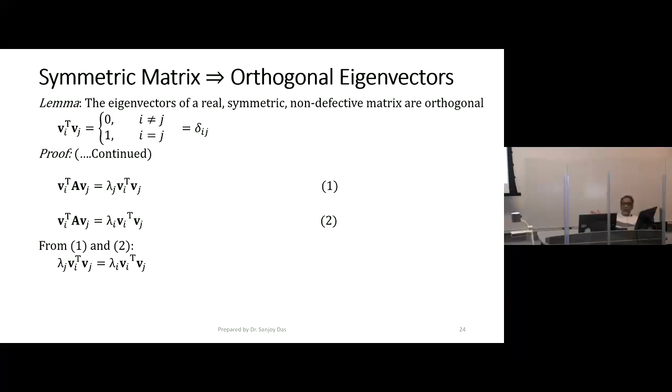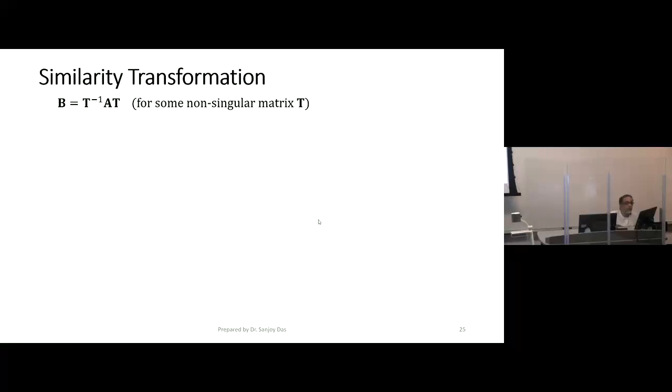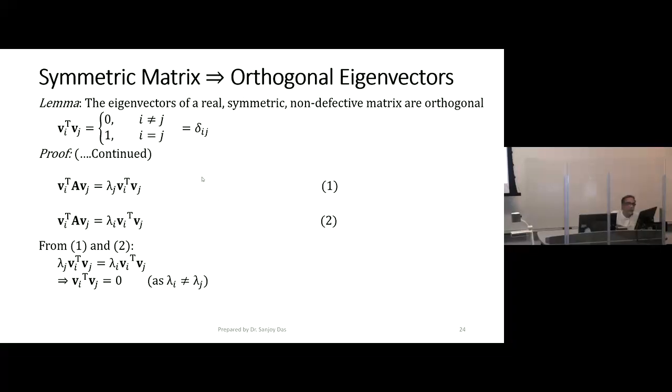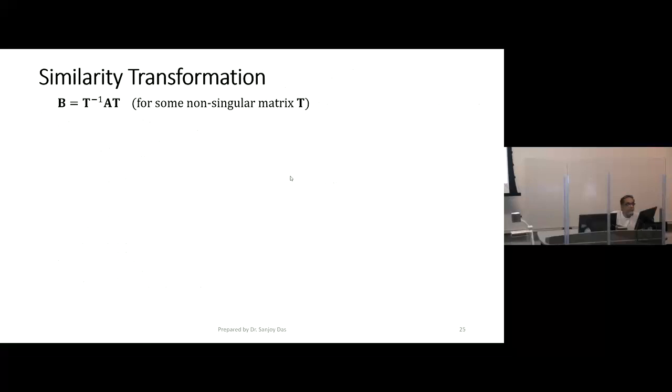Because they are two different eigenvalues. So when will they be both equal? That's only when Vi transpose Vj, the inner product of Vi and Vj, is 0. In other words, that's when Vi and Vj are mutually orthogonal. So Vi transpose Vj equals 0.